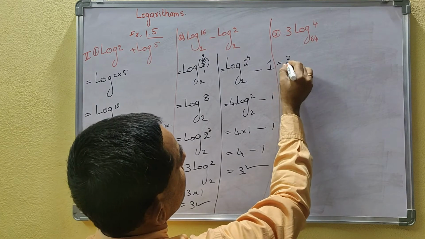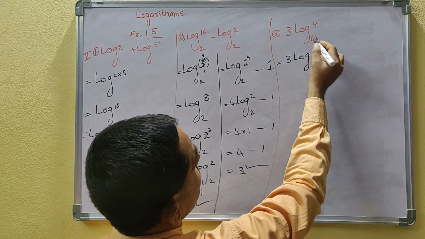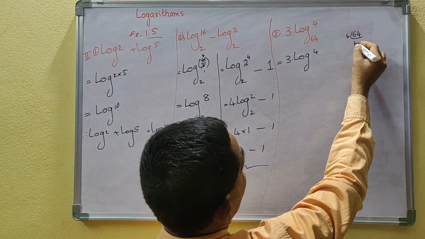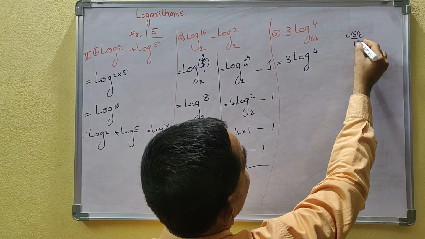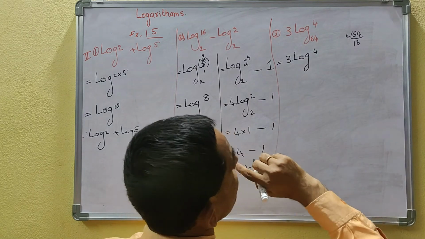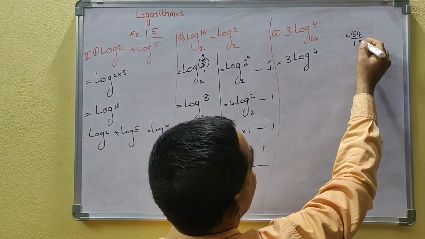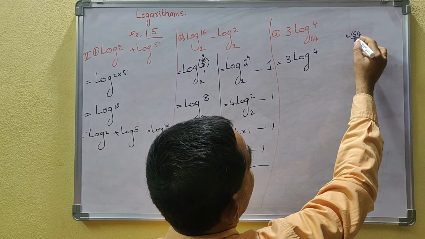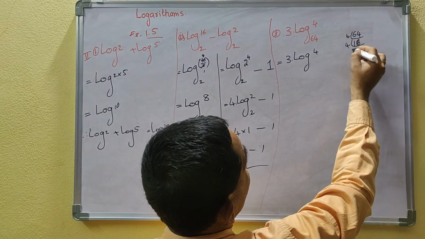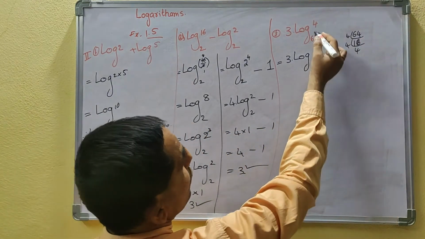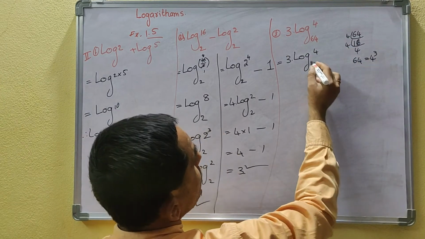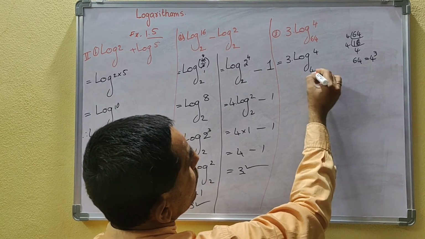First of all, I am taking 3 into log 4. 64 can be written by dividing with the 4 table: 4 times 16 is 64, and again 4 times 4 is 16. So 64 is equal to 4 cube. Here I will write 64 as 4 to the power of 3.